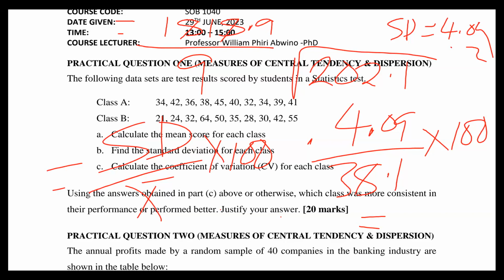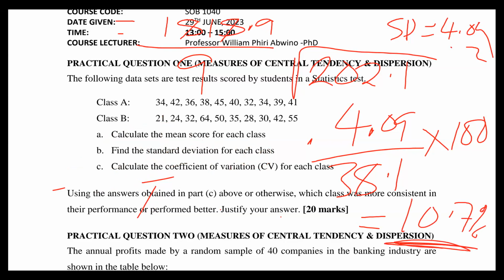What are you finding? 10.73. So 10.73%. Okay.